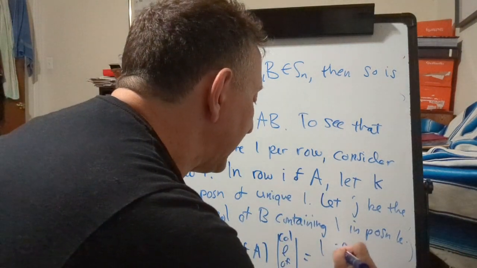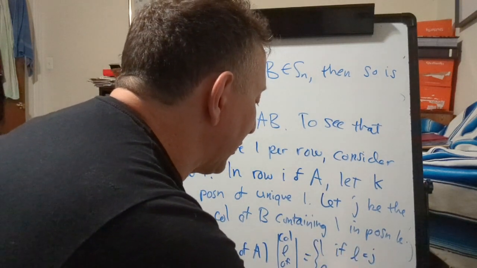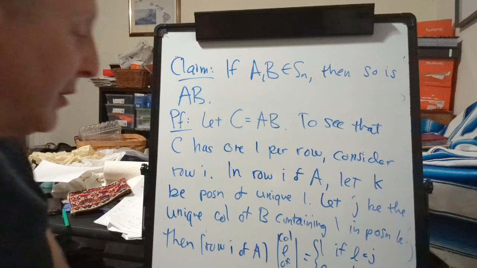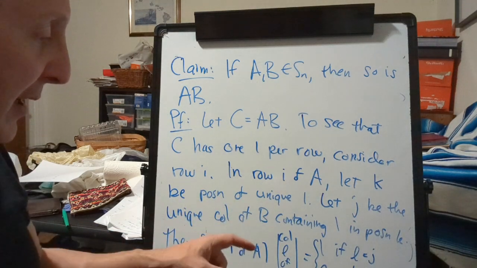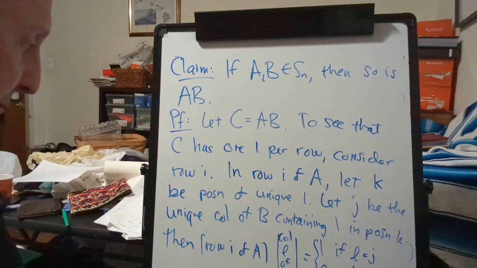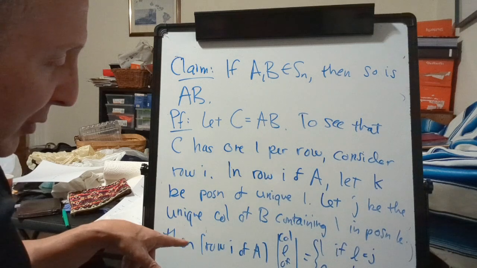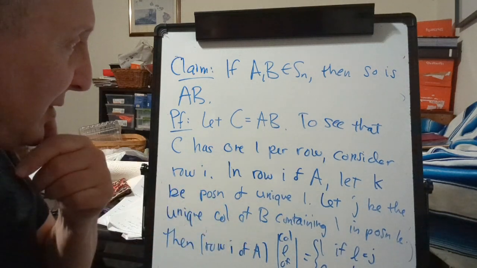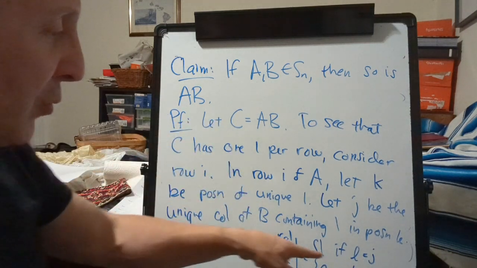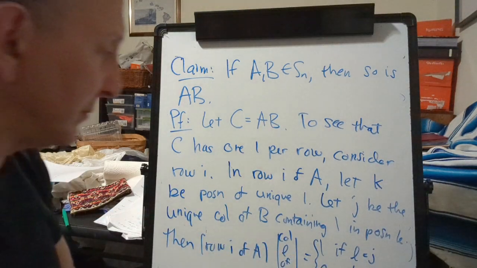So that's 1 if L equals J, and it's going to be 0 otherwise, because all of the other columns of B have that 1 in a different position, not in position K. So if we keep I fixed and let L vary, we're going to go across row I of C, and we've got a 1 exactly once, so we've got zeros n minus 1 times.